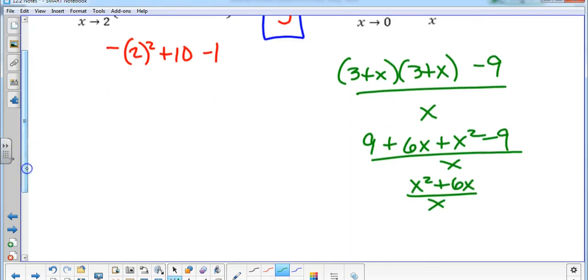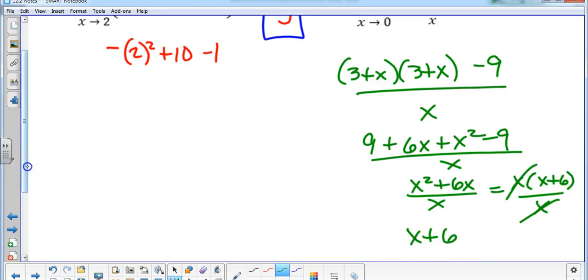Now what? Take out an x on the top. Then we can cancel. Reduce. And we're at x plus 6.